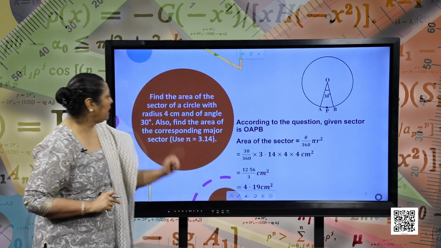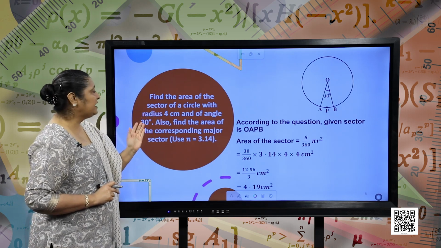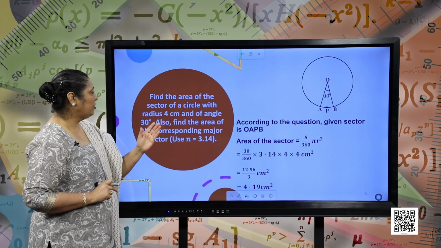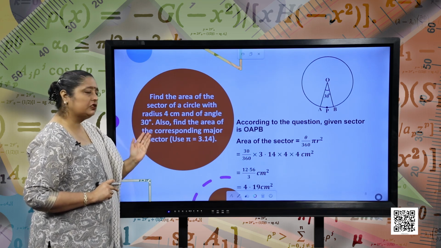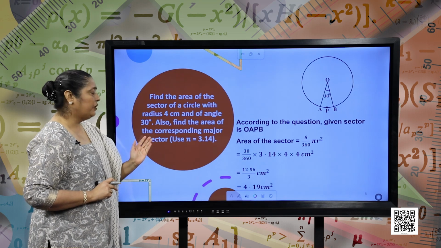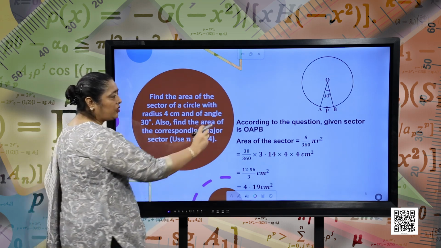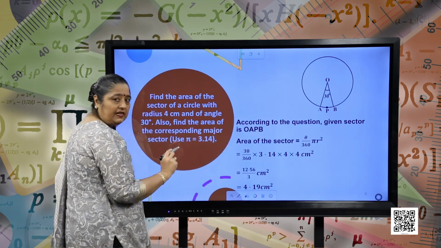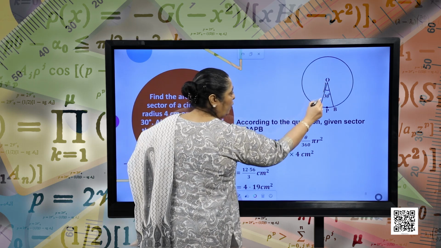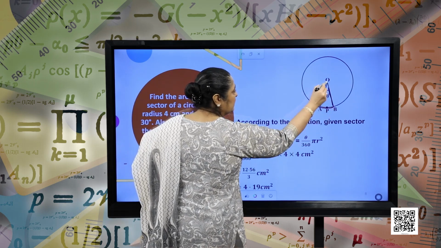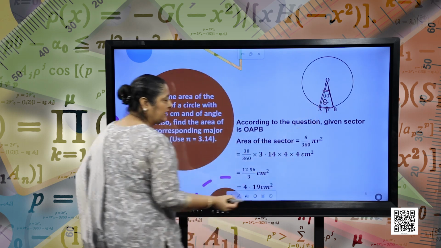Find the area of the sector of the circle with radius 4 centimeter and of angle 30 degree. Also, find the area of the corresponding major sector using pi as 3.14. According to the question, we are given a sector OAPB. This is the sector with angle theta as 30 degree.